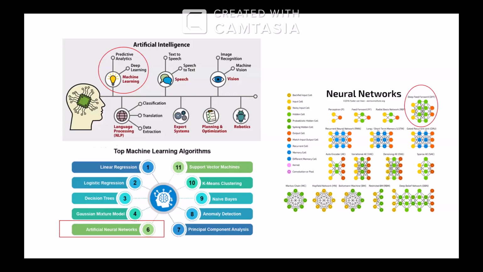One such family is called artificial neural network, and a specific configuration of artificial neural network is called the deep neural networks. And if you are utilizing deep neural networks for any AI task, it can be called a deep learning technique. So hope you are able to connect these domains, right?